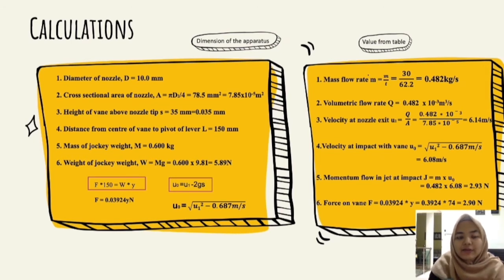And then the velocity u0 is equal to the square root of u1 squared minus 2gs. The calculation on the right is from the values in the table. We will calculate the mass flow rate and the volumetric flow rate.